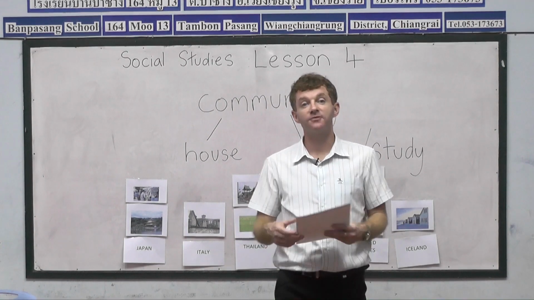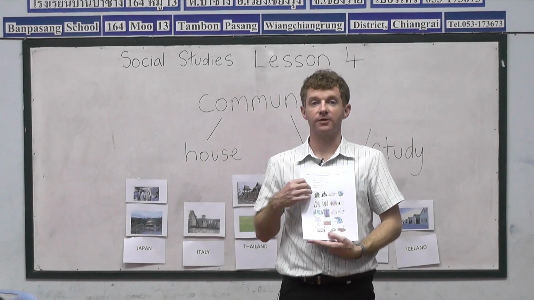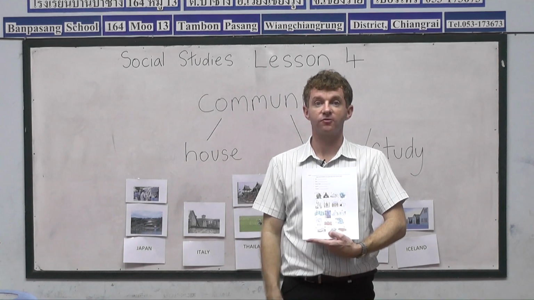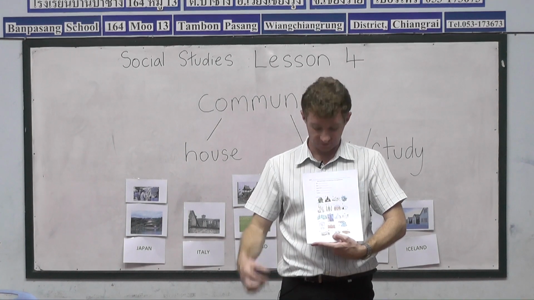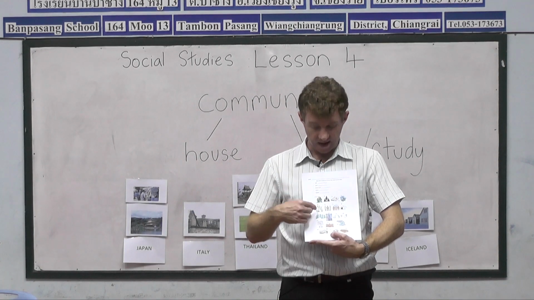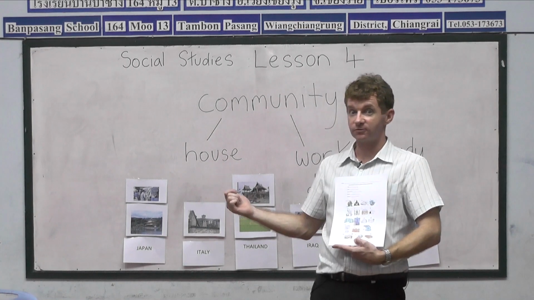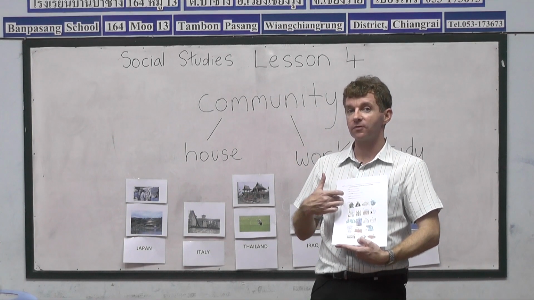Okay, so now it's time for the final activity of this lesson, the worksheet activity. Teachers, you need to print off a worksheet for every student, however many you have in your class. And students have to look at the different types of buildings, houses, and see what country they think they belong to.